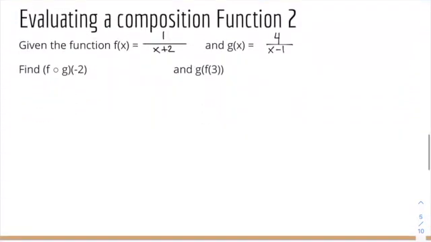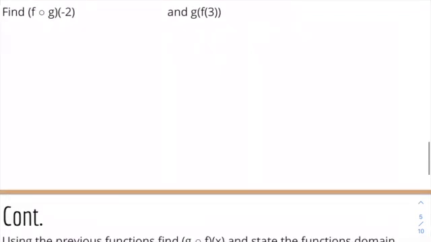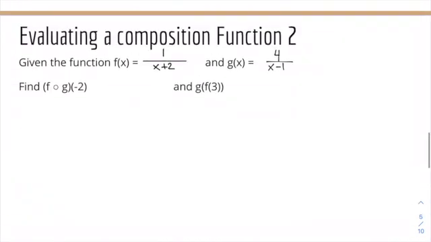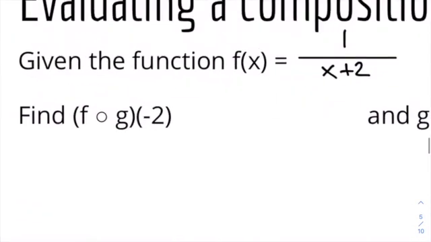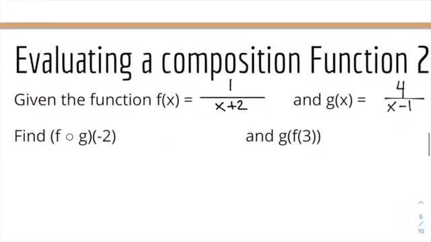All right, evaluating a composition function. If I want to find f of g of negative 2 here, I'll do it my way. This is the same thing as f of g of negative 2. First thing I'll do is find f of g of x.